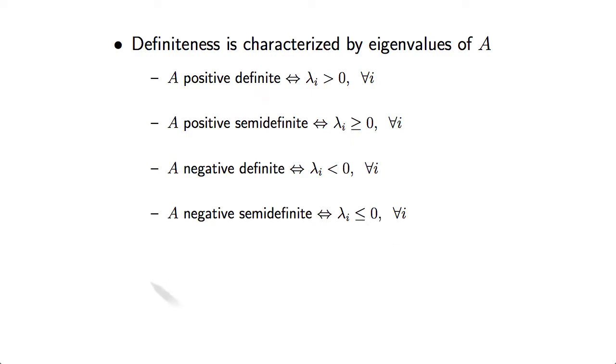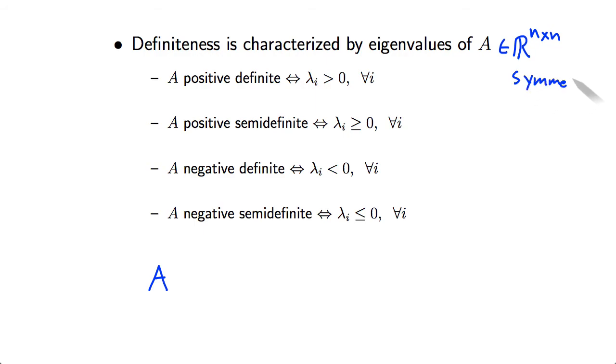Let's take the matrix A and form its eigenvalue, eigenvector decomposition. Remember, for a quadratic form, we're going to assume that A is an n by n matrix that is actually symmetric.